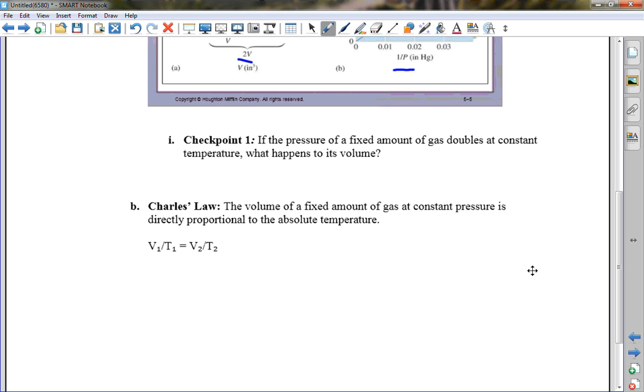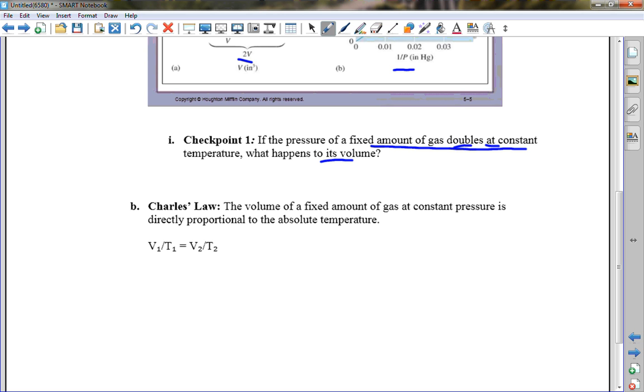Okay, the pressure of a fixed amount of gas doubles. So pressure 1 is doubling. What happens to the volume? It's going to be half.